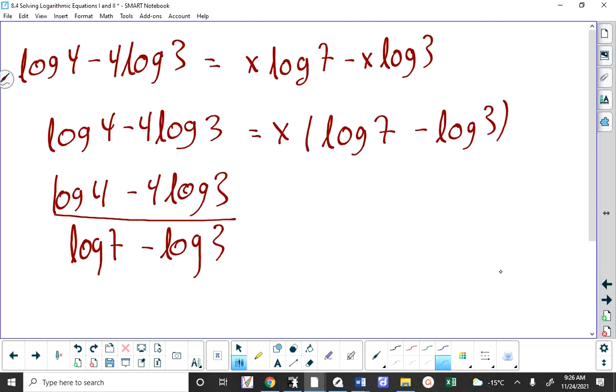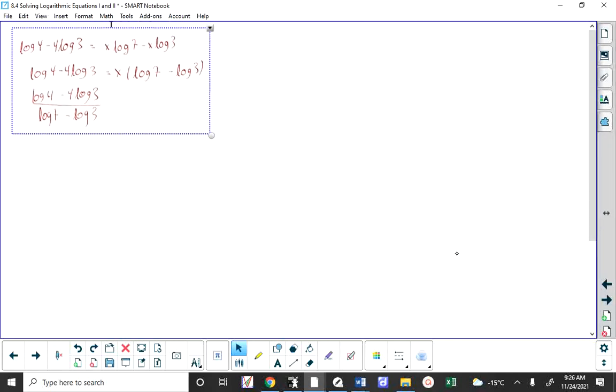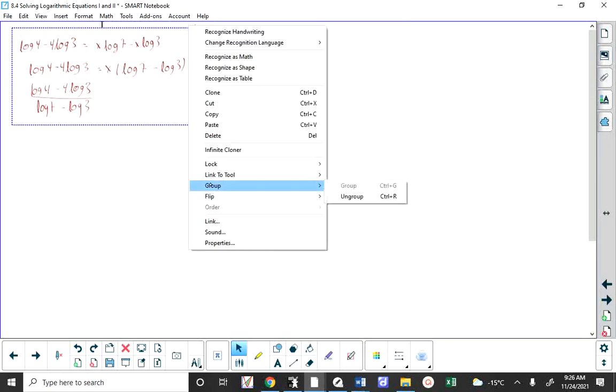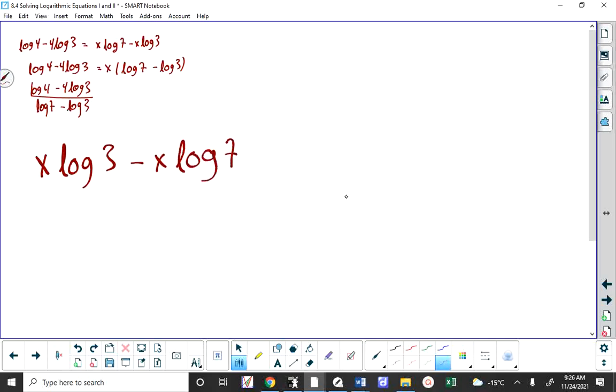Now, my point when I was trying to clone this page is that if you were to move everything to opposite sides, so let's say you decided to move the x's to the other side, you would get x log 3 minus x log 7 equals 4 log 3 minus log 4.